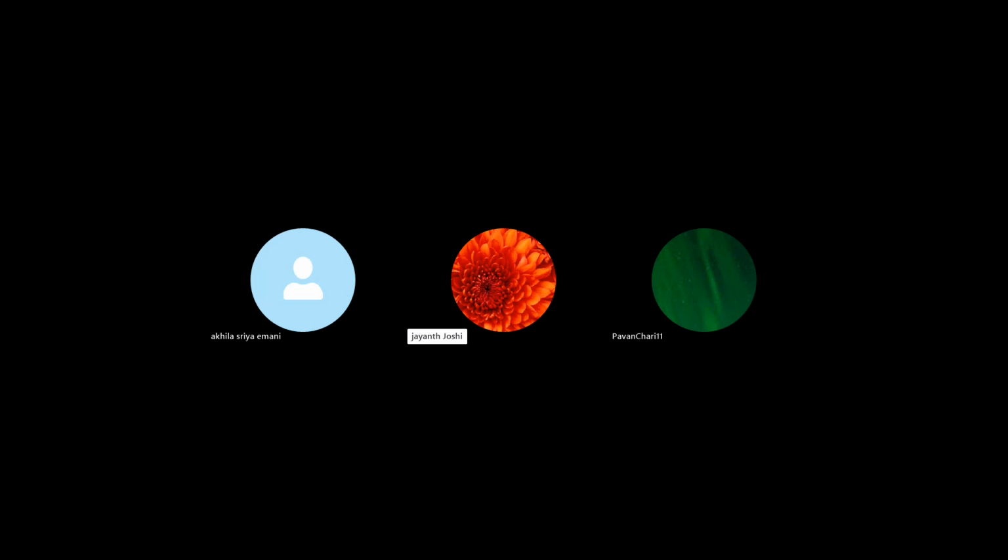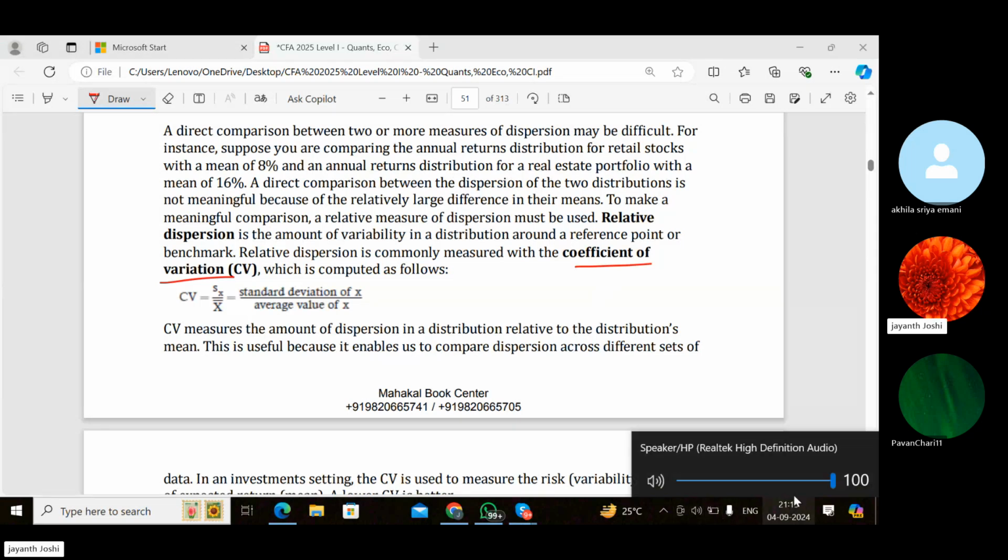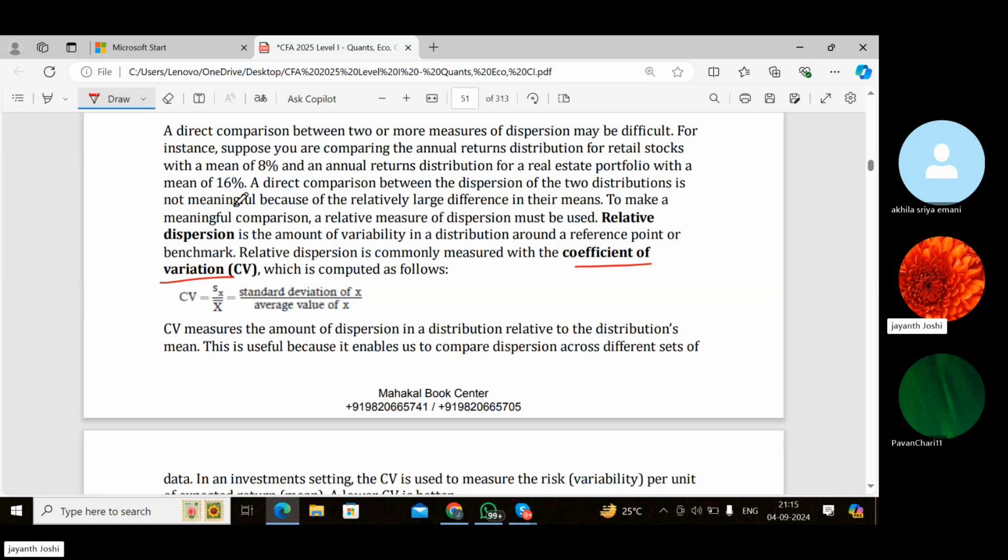So next topic is coefficient of variation. I would say coefficient of variation is a number which tells you how risky the investment is. Let's say there are two investment options A and B. If the coefficient of variation of A is 5 and of B is 7, this shows B is the more risky investment and you should expect more returns from it.